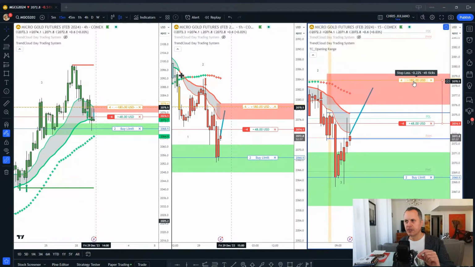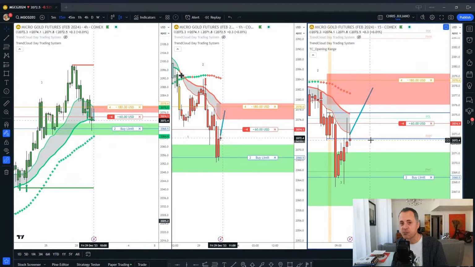And again, if you're new, support and resistance is very different than supply and demand. Support and resistance is more mass psychology, where everybody's looking at the 50 simple, or everybody's looking at that 618 retracement level on Fibonacci.